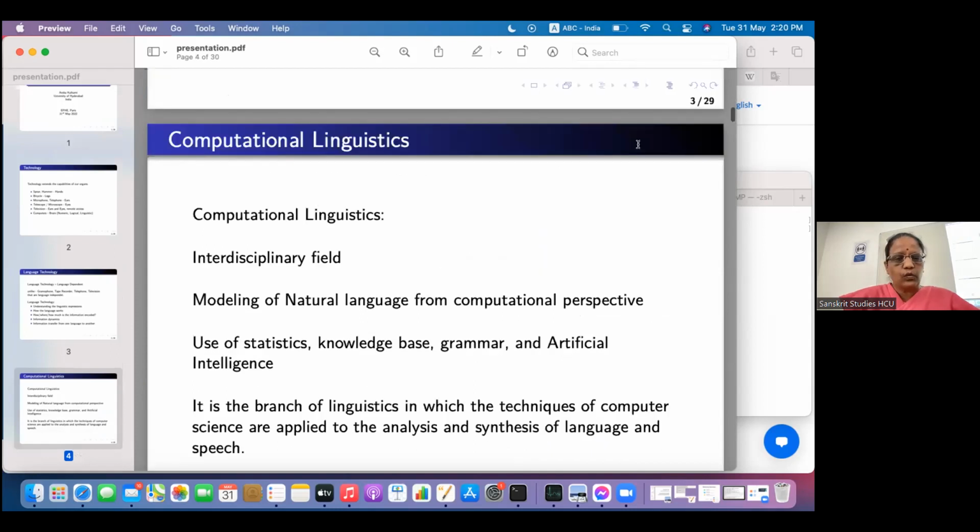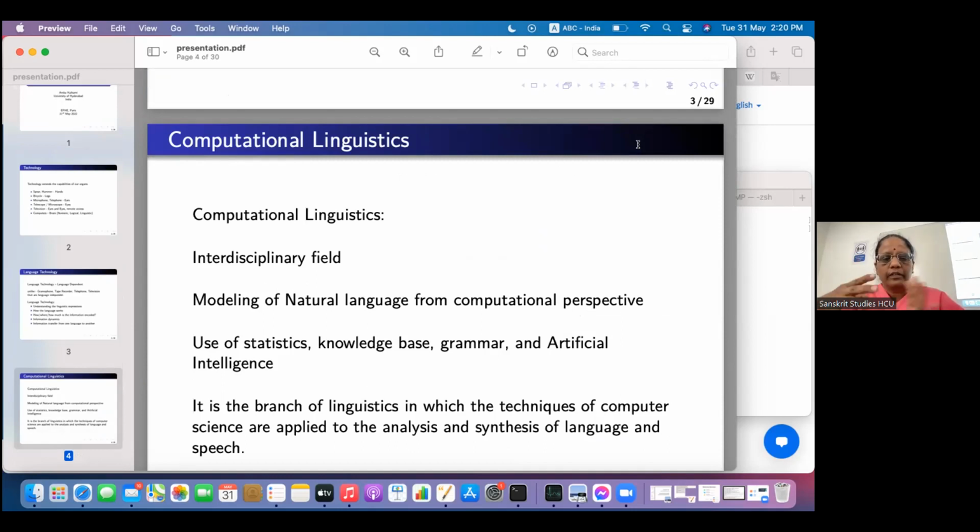And this led to the development of a new branch called computational linguistics. So this is an interdisciplinary field where people were interested in modeling natural language from a computational perspective.